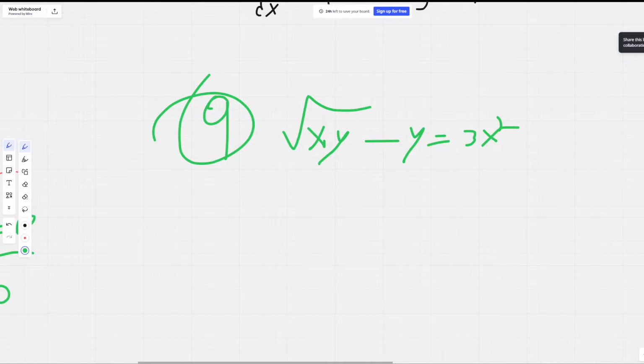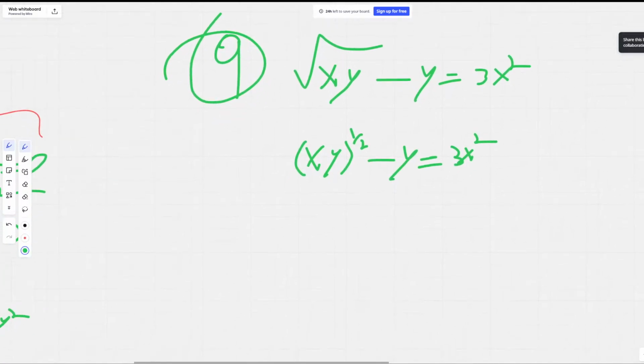Square root of xy minus y equals 3x squared. Let's begin. We'll start with the simple stuff, as in rewriting the problem. Perfect.